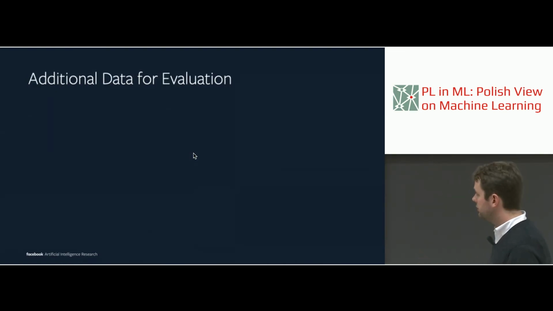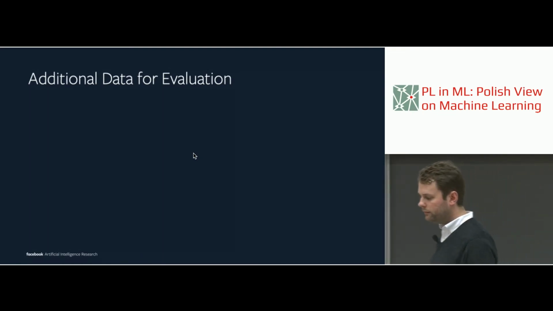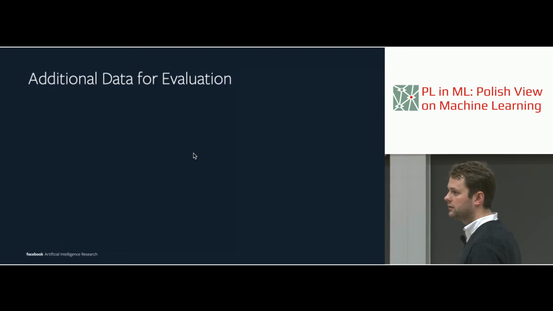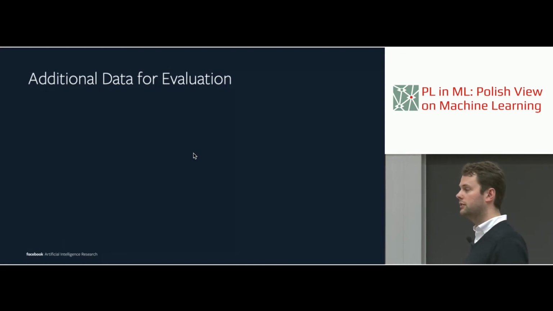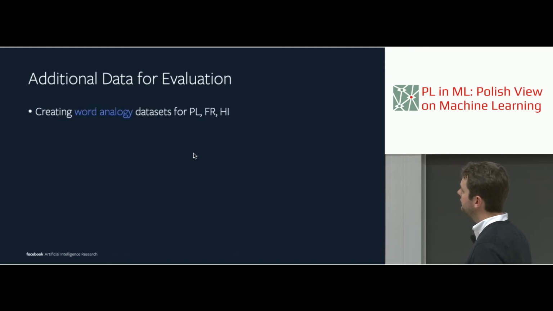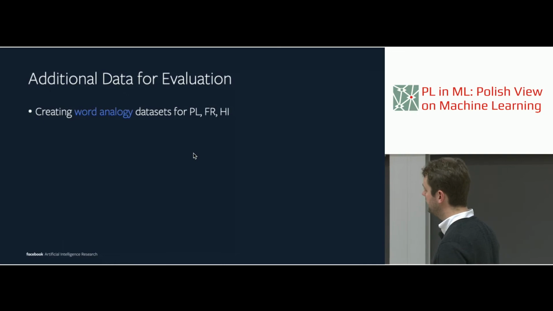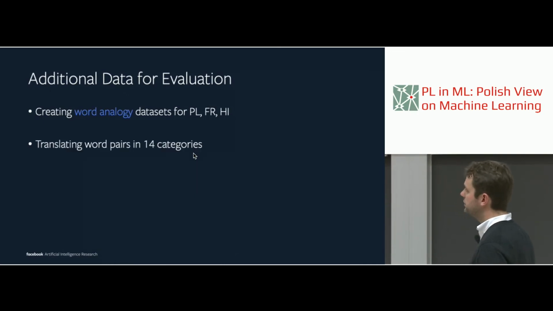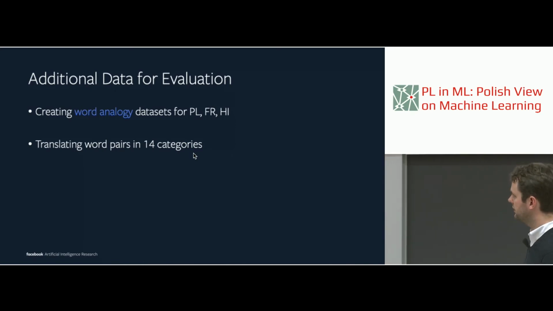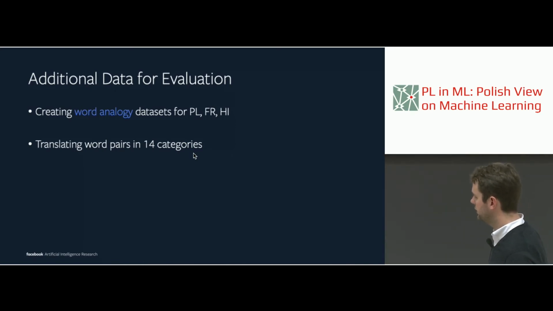And another contribution was adding data for evaluation. So even if we train word vectors on Hindi, I myself cannot really evaluate if the word vectors in Hindi are correct. So we created word analogy datasets for Polish, French, and Hindi by translating word pairs in the 14 categories which are in this kind of English analogy datasets.